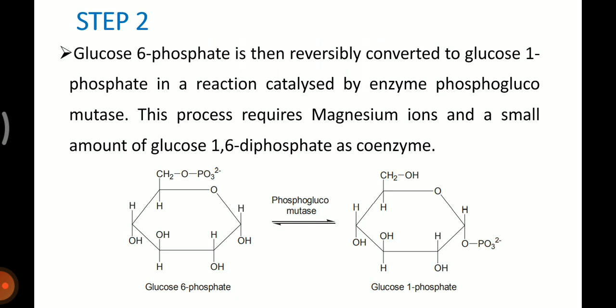Both glucose 6-phosphate and glucose 1-phosphate are in equilibrium with each other because of only the positional change. Both have the same molecular formula, but only the position changes.